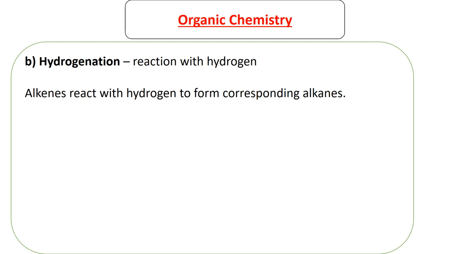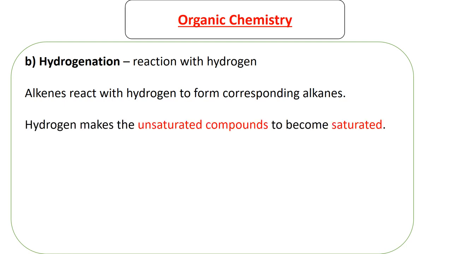So if you take ethene, for example, you react it with hydrogen in addition, it will form ethane. This should be kind of intuitive, in that alkenes are unsaturated because they are missing some hydrogen atoms. So if you give them those 2 hydrogen atoms, then they turn into alkanes. Okay, so this is hydrogenation. Hydrogenation, in short, makes the unsaturated compound become saturated.